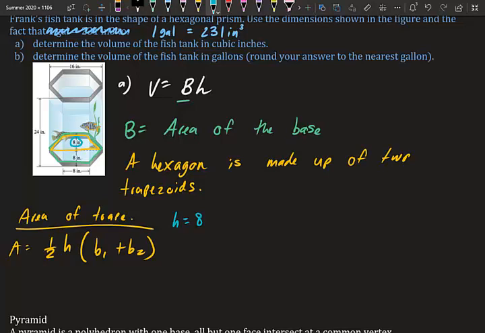And then we need to find base 1 and base 2. So one of the bases, right here, that's the same distance as the height, which is 8. So b1 is 8. Now we need to find b2. So it's just double because it's double the radius. So 8 plus 8 is 16.